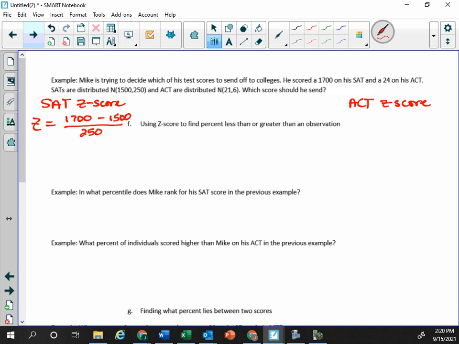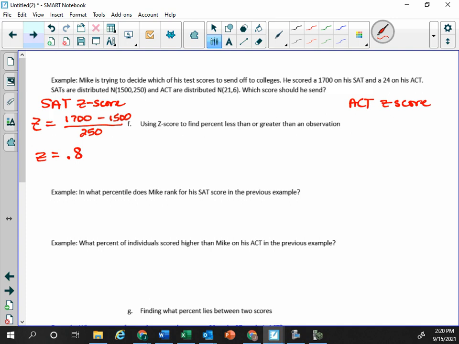So what is his z-score for the SAT? What do we think? What'd you say, Ryan? Yes. And what did you get for your decimal? There we go, 0.8. So his z-score for the SAT is 0.8.